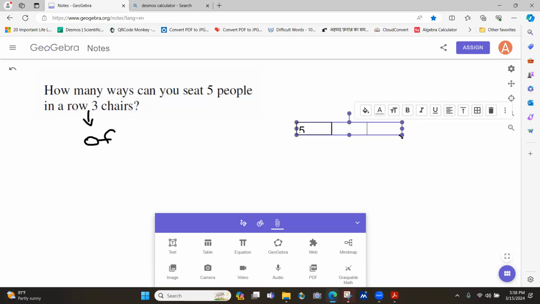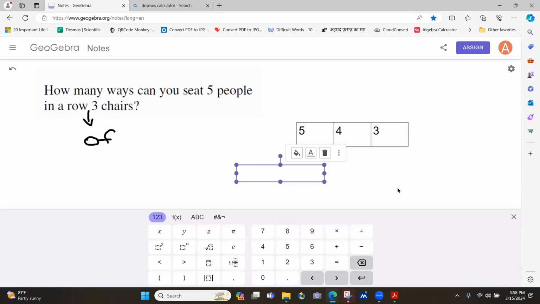I'll grab one of them. Then I have 4 people to choose from. I can only put a person on the second chair in 4 different ways, and then 3. So you can say the answer is going to be 5 times 4 times 3. This is simply the fundamental counting principle.